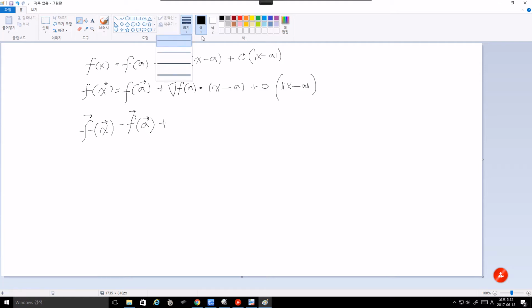Let's write this thicker, like the Jacobian. Here the Jacobian of f at a, and then x minus a. Oh, sorry. They are all vectors. This is a vector. This is a vector. This is a vector. Plus now the error term.